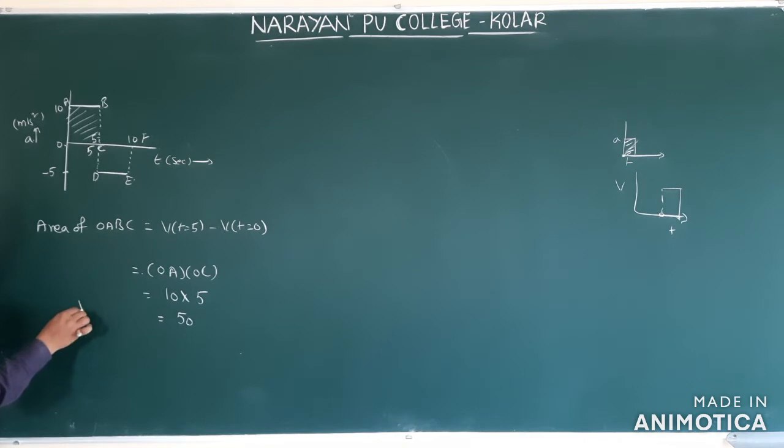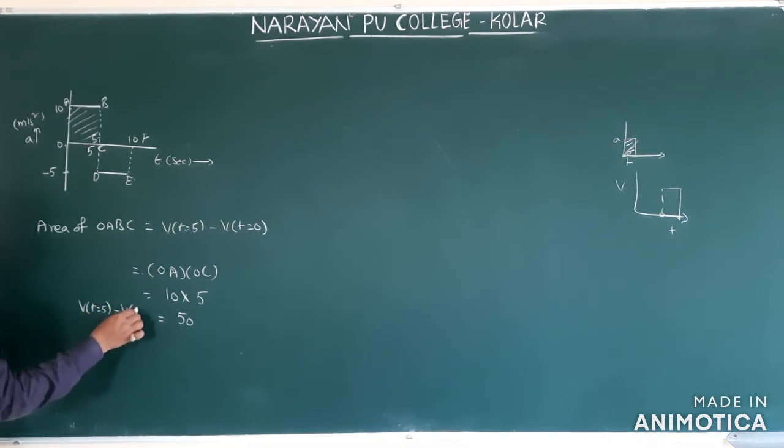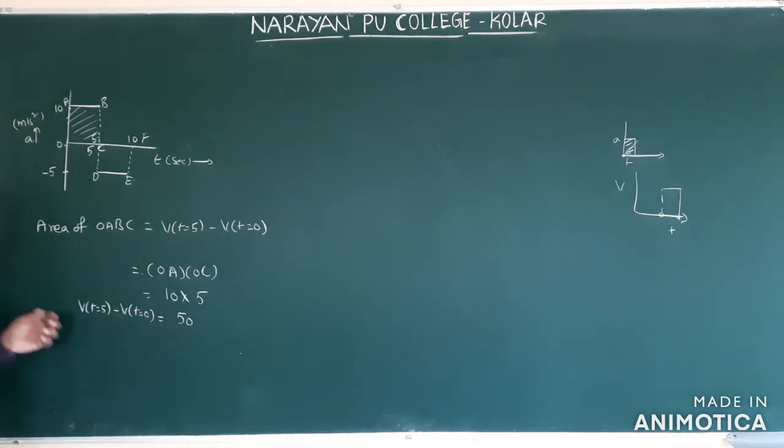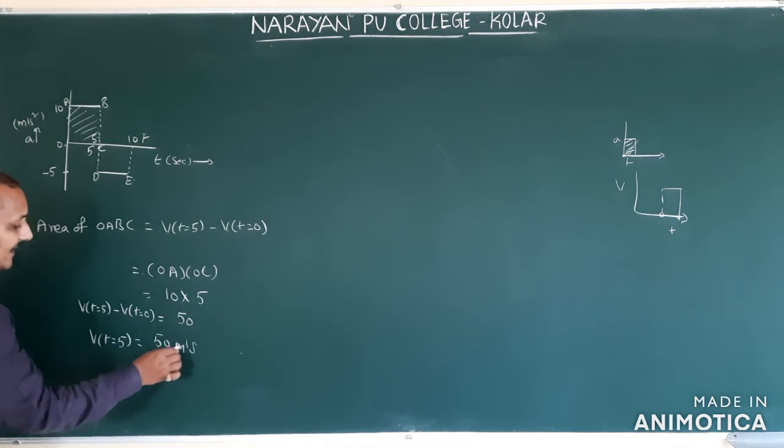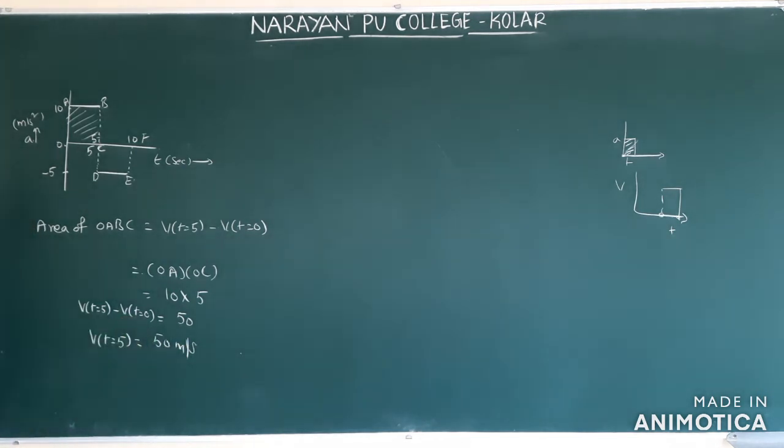This is velocity at t equal to 5 minus velocity at t equal to 0. Initially they said the initial velocity is 0, therefore this value becomes 0. Therefore velocity at t equal to 5 seconds is 50 meters per second. After 5 seconds, this velocity is 50.